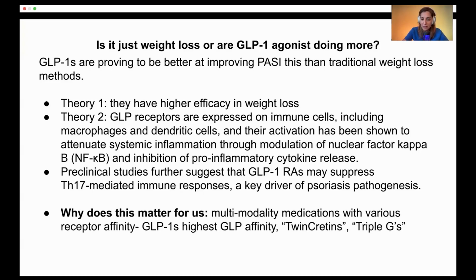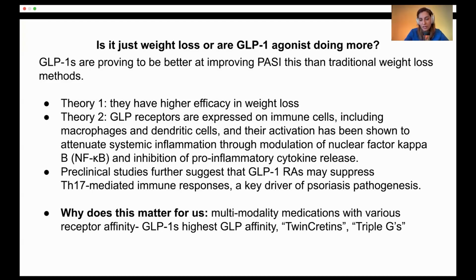So the reason it matters is, well, you might say there's GLP in all three, so what does it matter? If GLP is effective, then GLP is in all three. But the affinity for the receptor changes. So your GLPs like semaglutide and liraglutide have the highest affinity for the GLP receptor. And then when you go to the combination medications, the GLP affinity decreases.